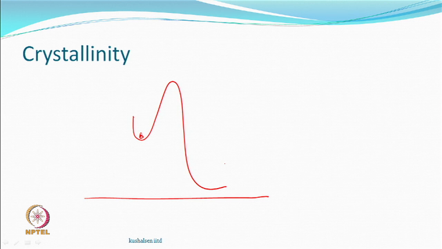Before any rearrangement takes place, you may have to cross this barrier. There is an energy barrier, that is why you have to heat. If this barrier was not there, then automatically it would go to the lowest energy state.